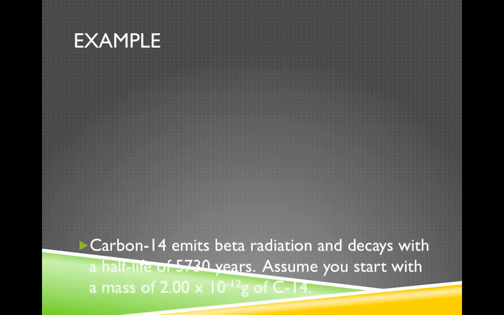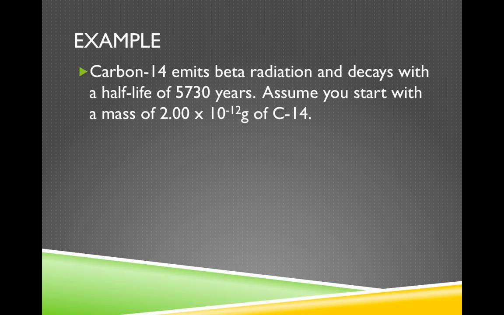Okay, so let's go through an example. I just talked about carbon-14, the one we use to date things. Carbon-14 emits beta radiation. Beta radiation is represented by a 0, -1, and a lowercase e, and it decays with a half-life of 5,730 years, which means that if we start off with 10 grams of it, after 5,730 years, we're going to have 5 grams of it.